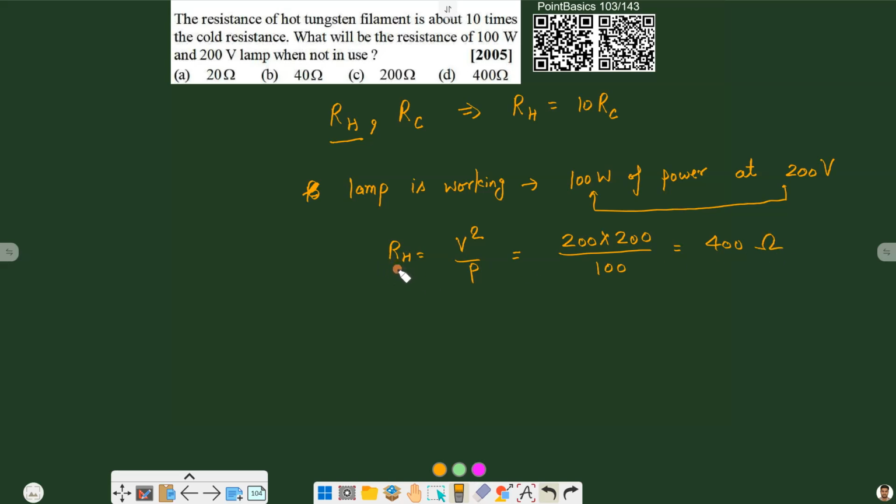So RH is 400 ohm, and using this, RC will become RH by 10, that is 40 ohms. So when not in use, its resistance is 40 ohm, and when it's in use, its resistance becomes 400 ohms. Moving to next question.